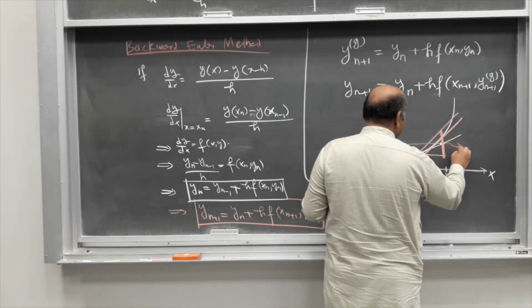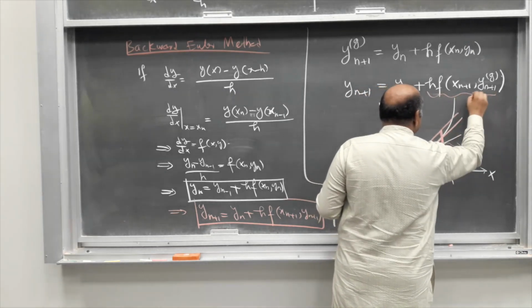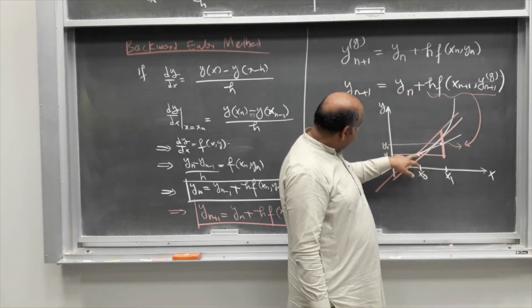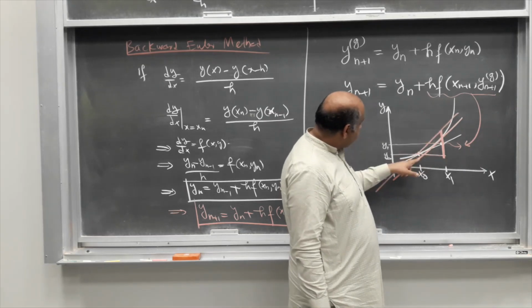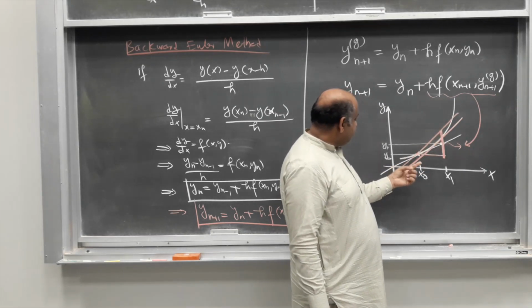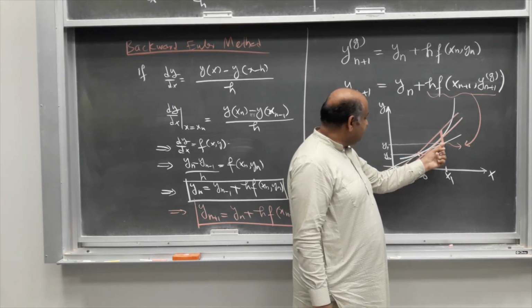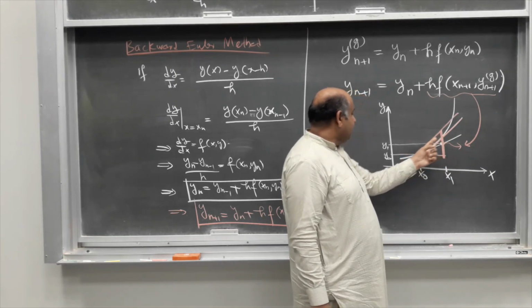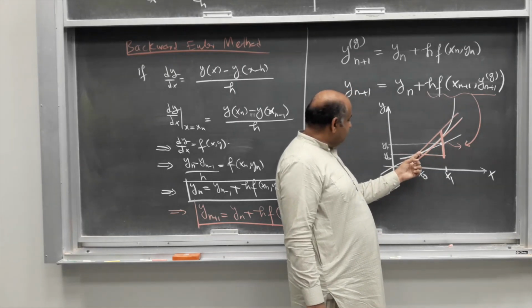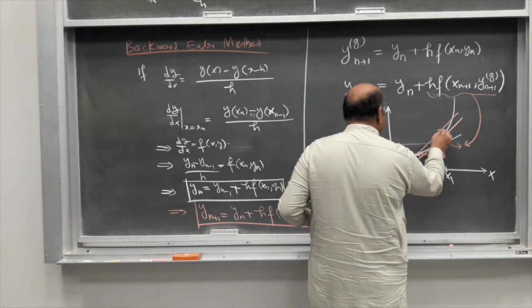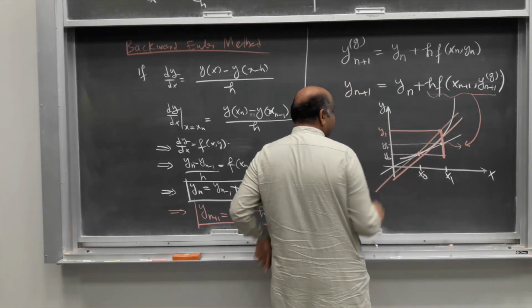So essentially what we are doing is still approximating the actual solution by a straight line, but instead of using the slope of the actual function at this point, we are using the slope of the function at the next point. So we computed the approximate slope here, we brought that slope here, and then using this slope we computed the next value of y. So now our corrected value of y is something like this.